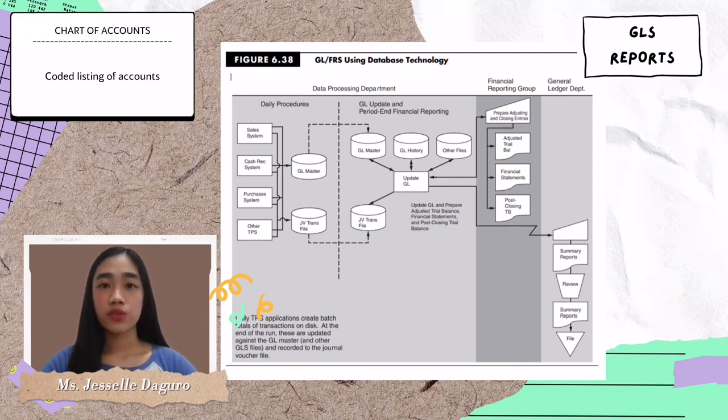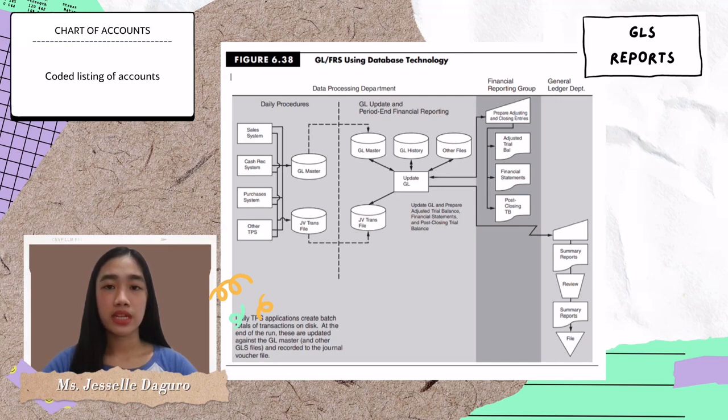Now let's proceed to figure 6.38, which shows the overview of the general ledger or financial reporting system using database technology. This is being presented as a combination of batch and real-time computer technology. As you can see in the figure, there are various subsystems: the sales system, cash receivable system, purchases system, and other transaction processing systems, which total each of their transactions by batch.